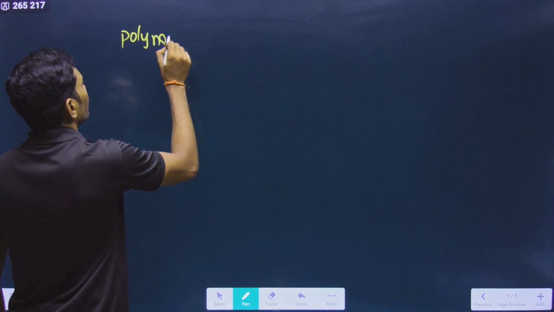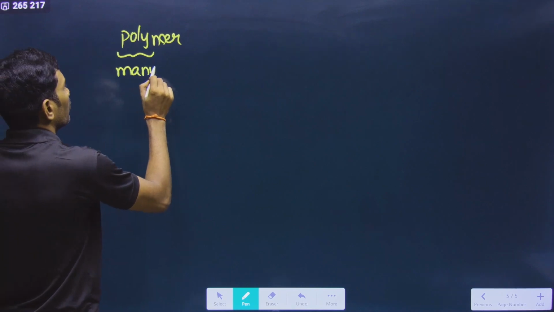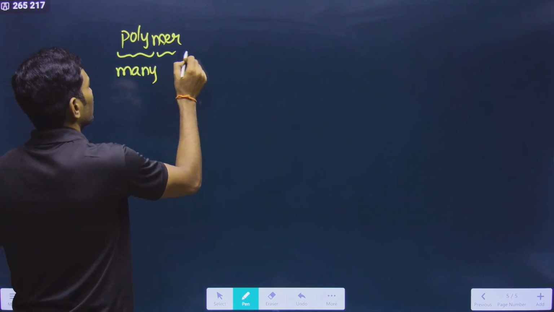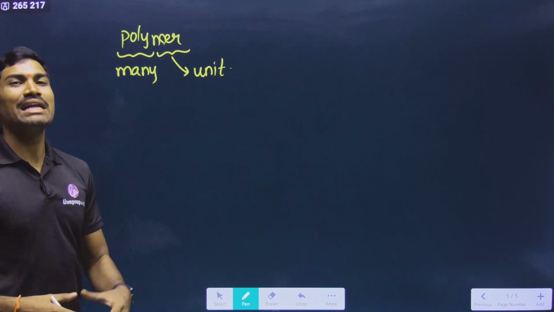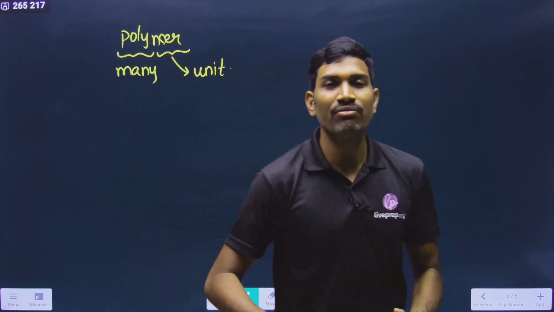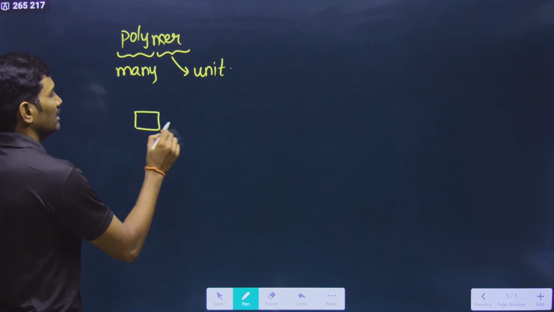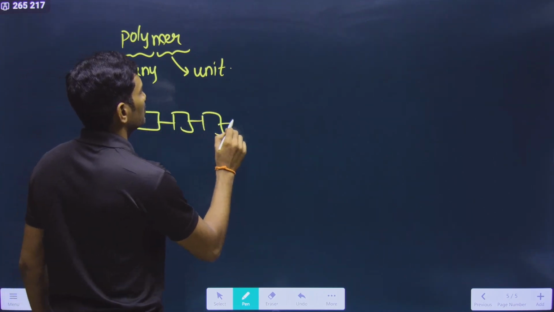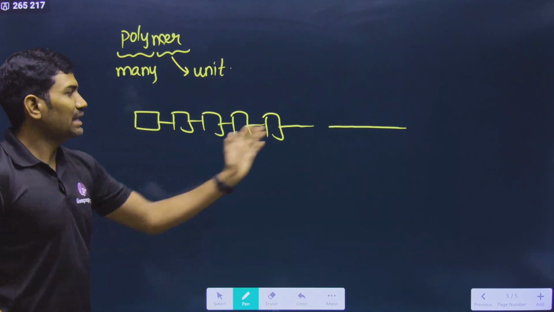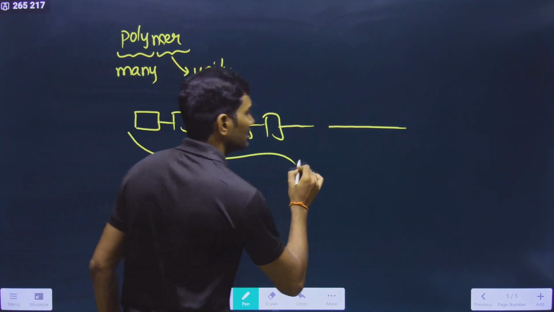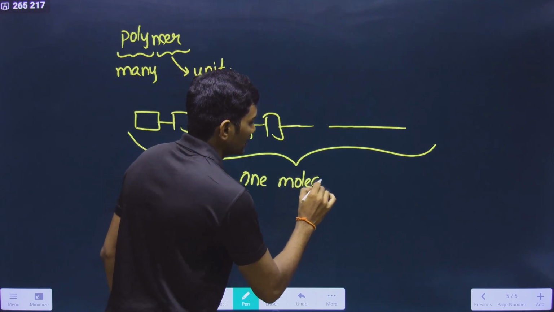What is the meaning of polymer? Poly means many. Mer means unit. Polymer means many units. That means these are made up of many units. Let us take a simple example. Suppose this is one unit, second unit, third unit, fourth unit, fifth unit. Likewise, many are present. Since many are present, combined this is called one molecule.